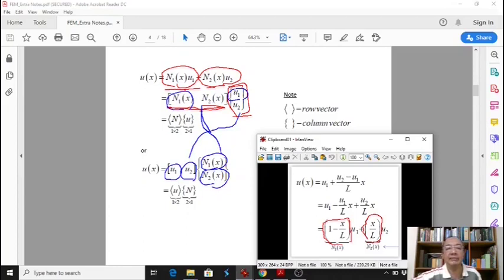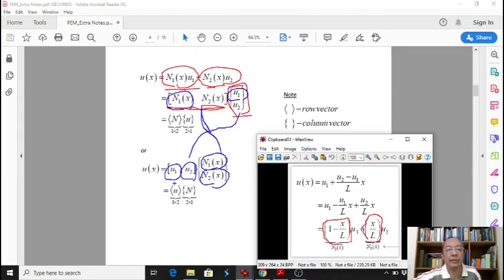This is the first position, and this is the second position. If we change the position so that u comes first, we need to change this column vector to a row vector. Similarly, this row vector comes from the first term, and we can move it to the second term, but it changes from row vector to column vector.